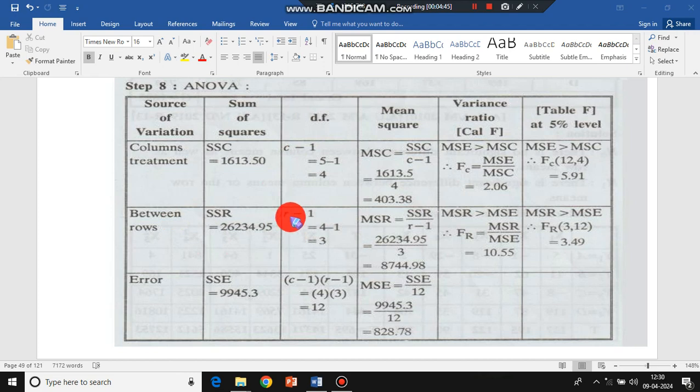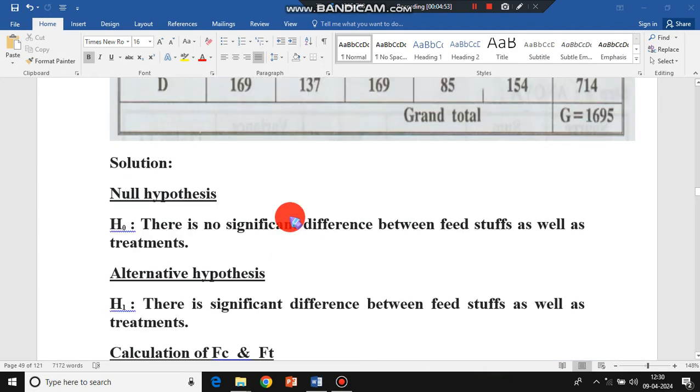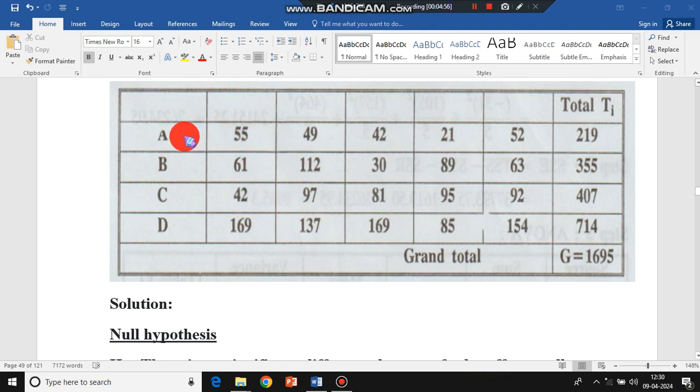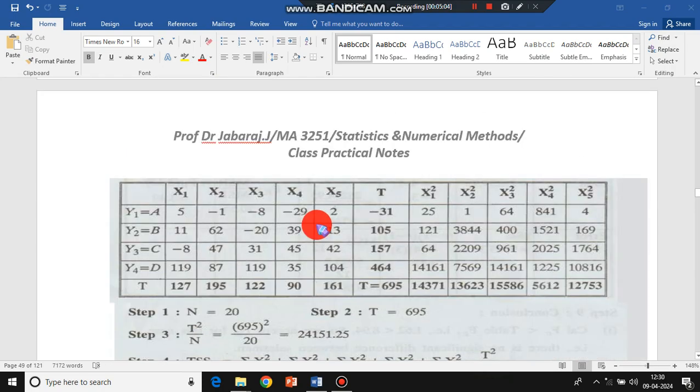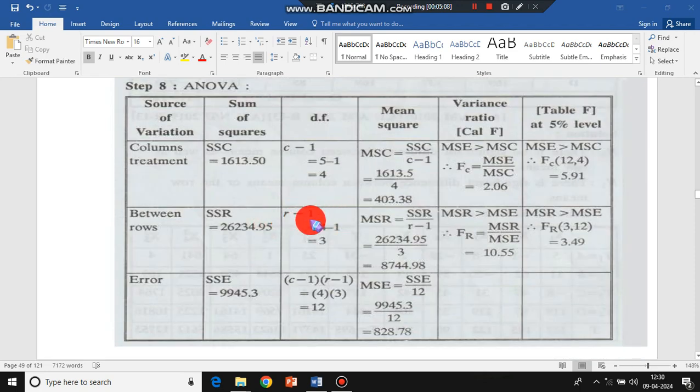What is R? The number of rows. We know from the given problem that the rows are the foodstuffs. How many foodstuffs? A, B, C, D. So 4 foodstuffs, 4 rows. So R minus 1 is 4 minus 1 equals 3.